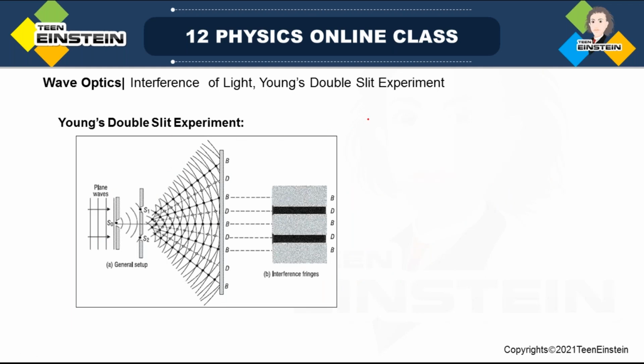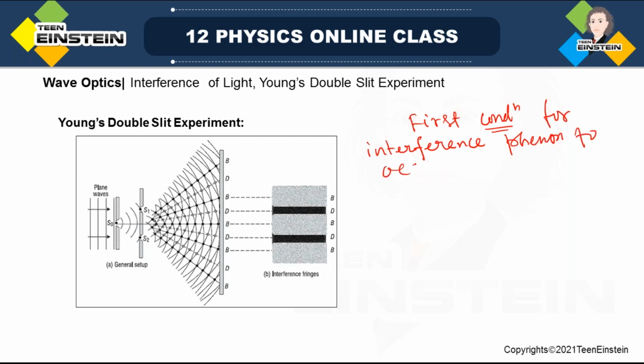As you know, the first condition for the interference phenomenon to occur is the coherence of the waves which are interfering.